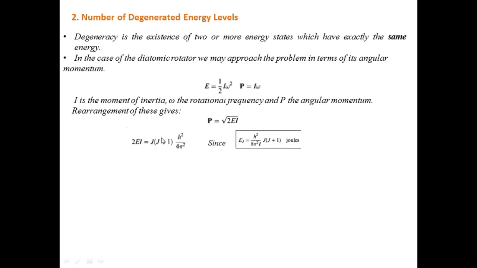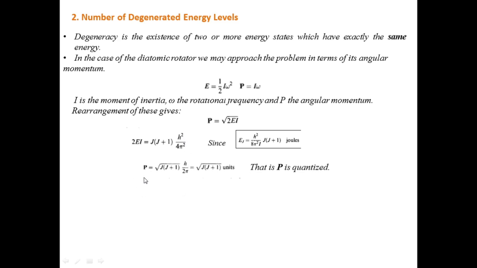We know that the value of E is h square by 8 pi square I, j into j plus 1. So we substitute for E, and we get j into j plus 1 h square by 4 pi square. Therefore we can write P as the square root of j into j plus 1 into h square by 4 pi square.